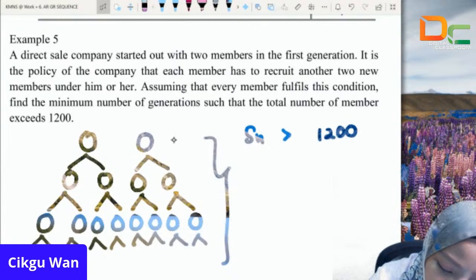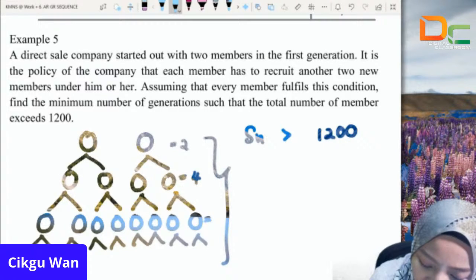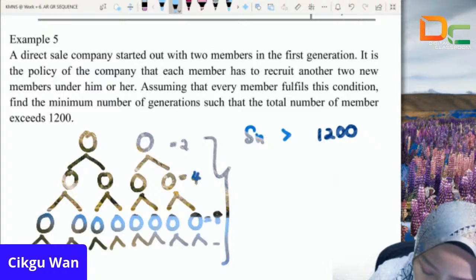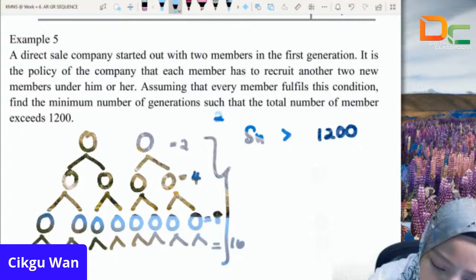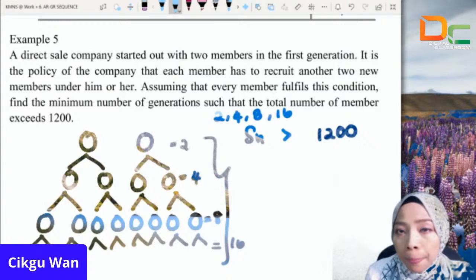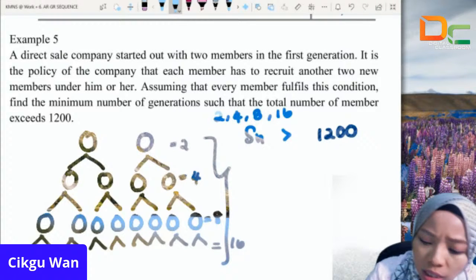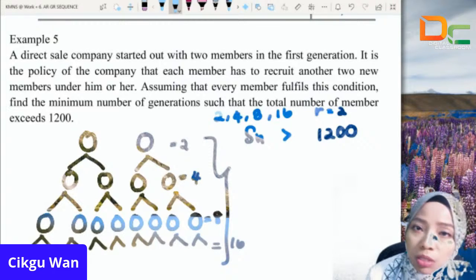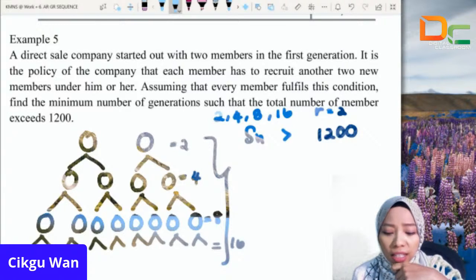If this is 2, this is 4, this is 8, this is 16. So the sequence is 2, 4, 8, 16. 16 divided by 8 is 2, and 8 divided by 4 is also 2. So r is 2.